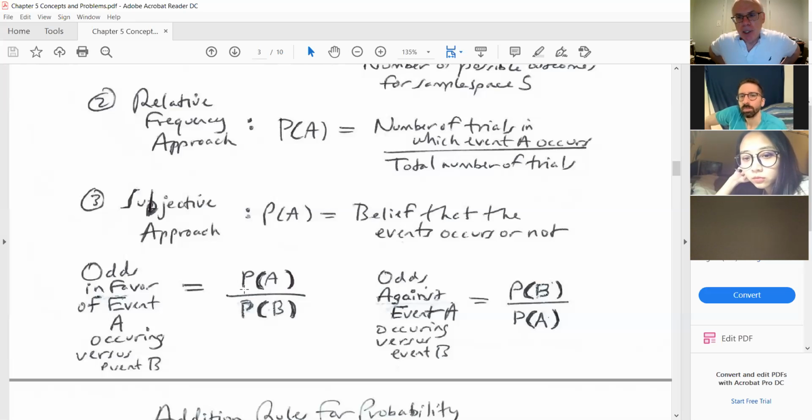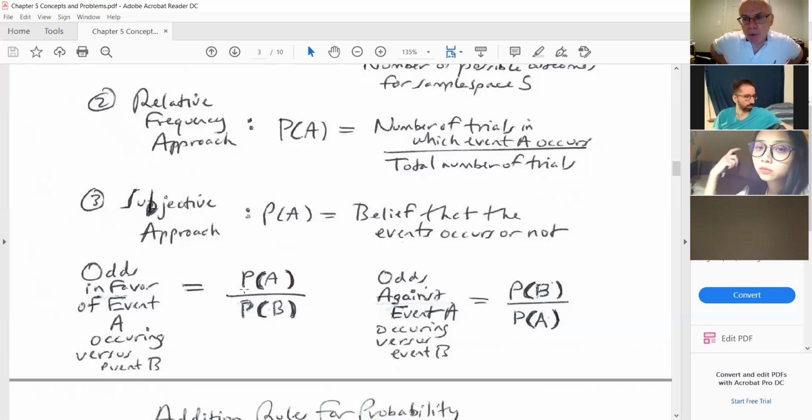What's your actual probability? Well, the sample space would be 3 plus 2, which is 5. So your probability of winning is 3 out of 5. If the odds against is 3 to 2, then it's the opposite. Your probability of winning is 2 out of 5. All right? Does that make sense?